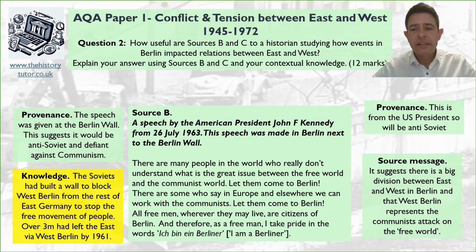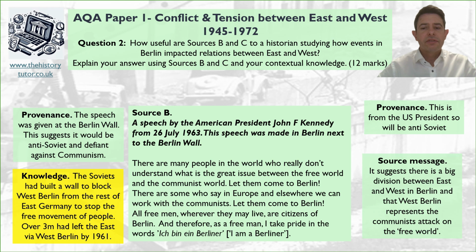In terms of the message of the source, it suggests that there's a big division now between East and West Berlin because obviously the wall's there, and he wants to keep West Berlin free and part of the free world. So he's reinstating the Truman Doctrine to some extent. In terms of knowledge, we know the Soviets built a wall around West Berlin and blockaded it.